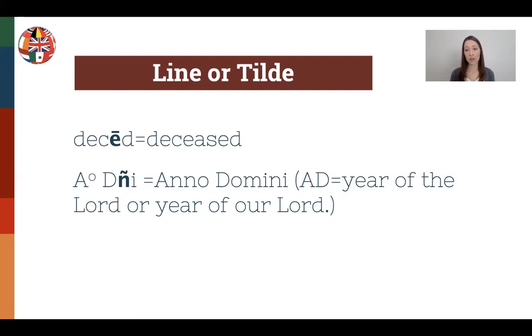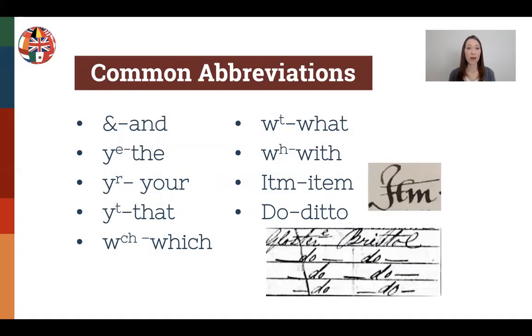It's AD, which means year of the Lord or year of our Lord. In this case, Anno is a superscript, and Domini has the tilde above it. And you might see it written this way or with a straight line. It just depends on the handwriting style and who's writing it.